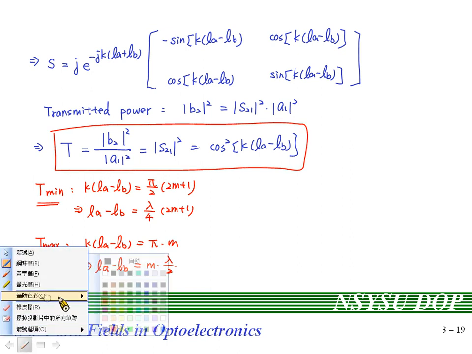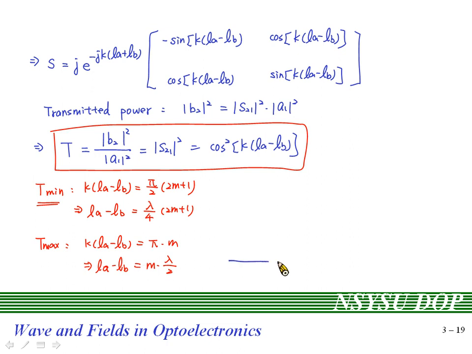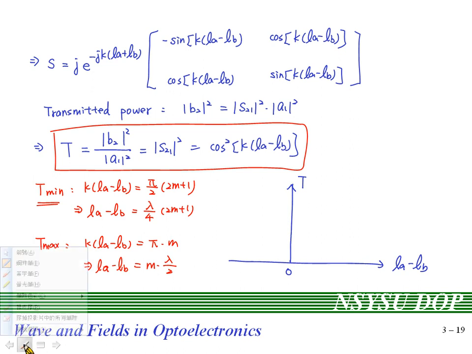Let us plot the transmission of the Michelson interferometer. This axis is the transmission, and along this axis we define it as LA minus LB. So you can see that as LA minus LB is 0, you will have transmission maxima. So let me plot the transmission.